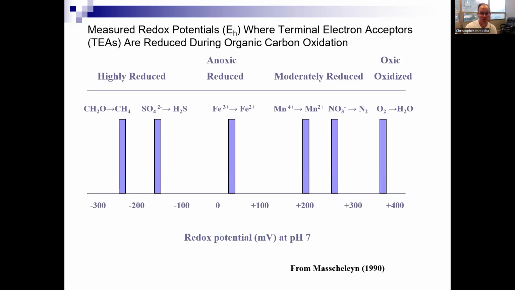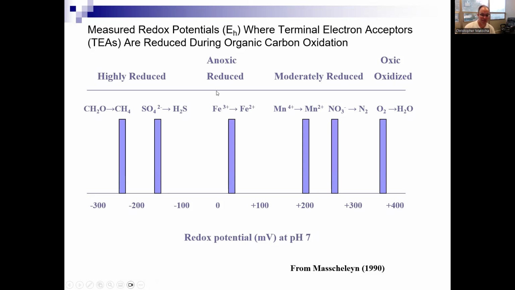These TEAs, or terminal electron accepting processes, occur at different redox potentials, and that's indicated here in this particular plot where I have redox potential normalized to pH 7. And as we go from your right to left, we go from an oxic situation where oxygen being reduced to water occurs at a measured value here, a little bit less than 400, 350 to 400, followed by nitrate next on the redox ladder, then manganese 4 going to manganese 2.